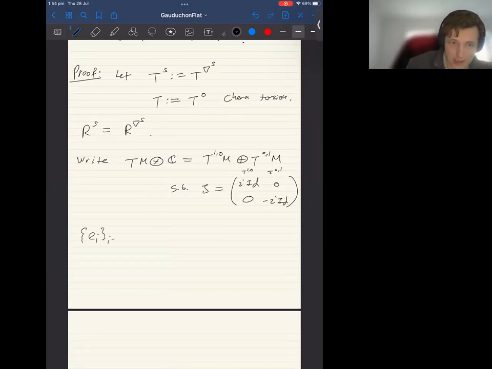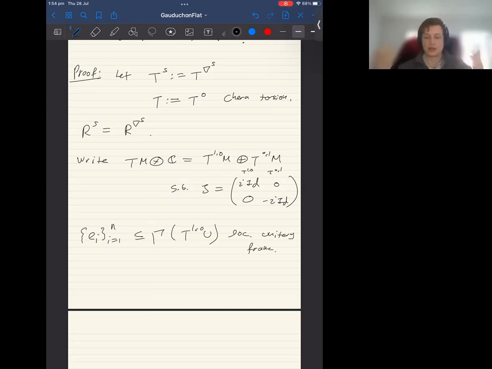Let's take e_i for i equals 1 to n. This is going to be a local unitary frame. So it's a set of complexified vector fields in the plus i eigenbundle, and it satisfies this.